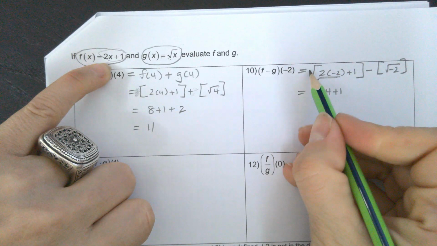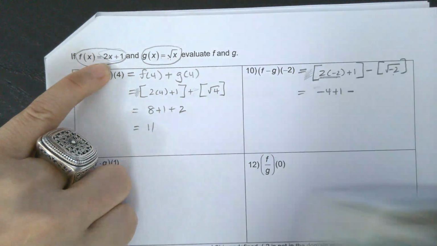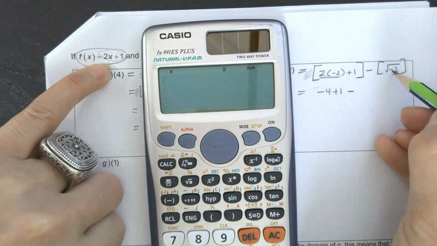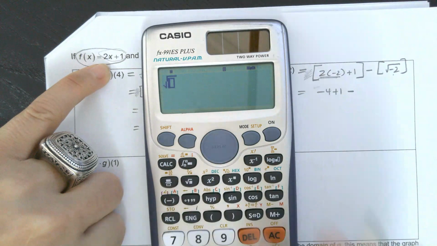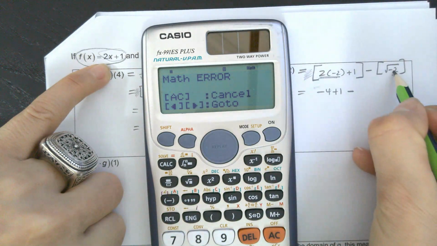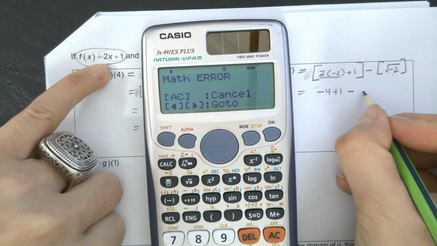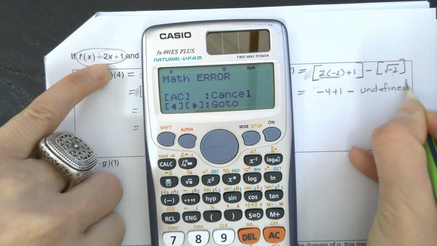And I can take, because it's nothing in front, subtract, well, what's the square root of negative 2? Are you allowed to put negatives in a square root? No. What does your calculator say if you forget? Error. So if I'm trying to put a negative under a square root, I have to say it's undefined. It means it doesn't exist.